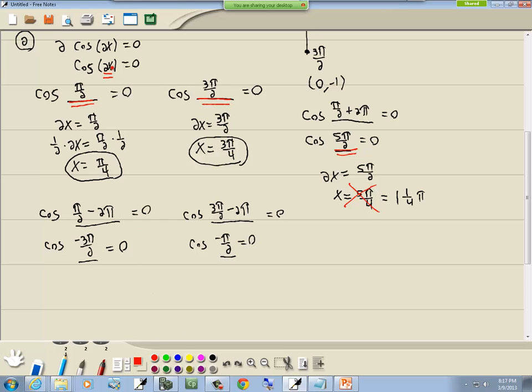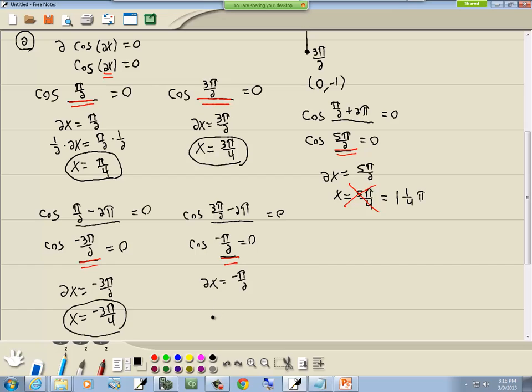Just like before, we're going to set this 2x equal to each one of these. So we got 2x is equal to negative 3 pi over 2. Multiply both sides by 1/2. I won't show the steps again, but that gives us negative 3 pi over 4. And that's in our range, which is from negative pi to pi. On this one, I'll set 2x equal to negative pi over 2.